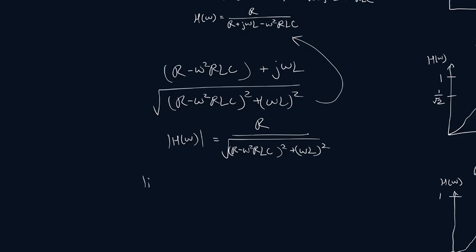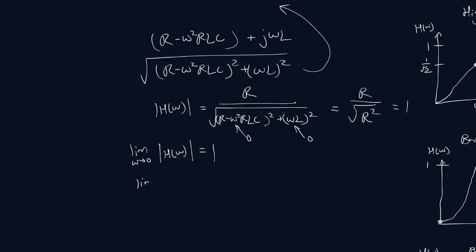So let's take our limit when w approaches 0 for the magnitude of our transfer function. We see this would be 0, this would be 0, so it'll just be R all over the square root of R squared, which is just 1. And if we take the limit as w approaches infinity, let's see what we have.